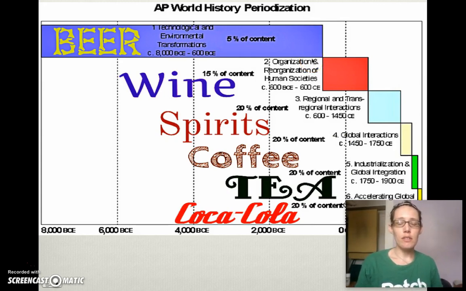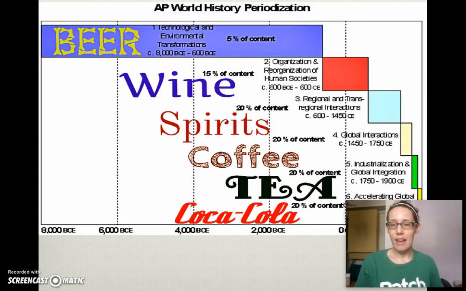Another thing I wanted you to see is that notice how long time-wise this first period is, right? 8,000 BC until about 600 BC. But at the same time, notice that on the AP exam, this makes up only 5% of the content on the AP exam, whereas the last period, which again you can't see, goes from 1900 to present. At one point, I'll put this chart on our website, on the AP Prep tab.